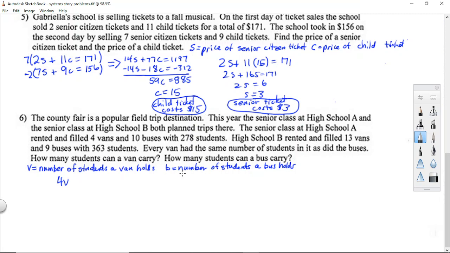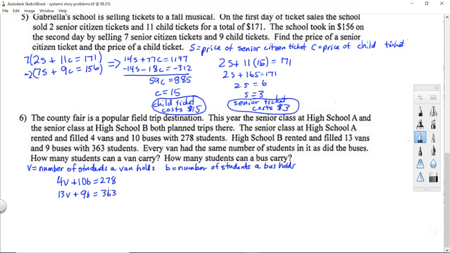Well, each of those holds B. So if we add 10B to the 4V, that's going to be all the students, right? And so that adds up to 278. So we do the same thing with the other high school. It was 13 vans for them, so 13V plus 9 buses, so 9B, and you add that together and you get the total number of students from that school, which is 363.